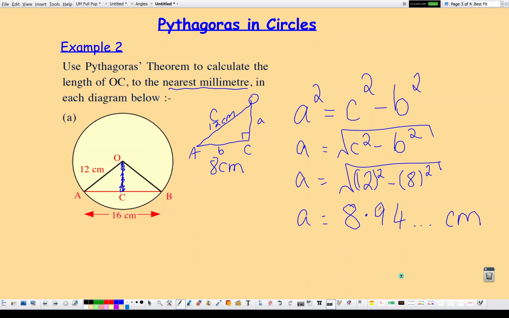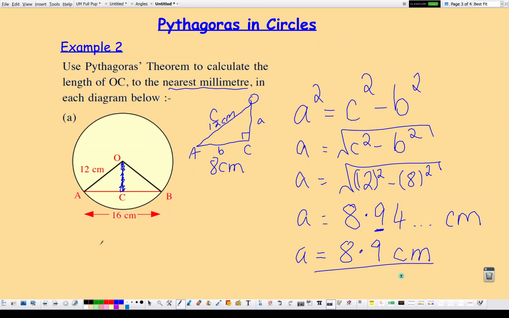Remember there are 10 millimeters to every centimetre, so the nearest millimetre in this case is actually 1 decimal place. That's what the question means. So yes, it is 8.9, but that doesn't turn into 8.9 millimetres. It would be 89 millimetres. So to the nearest millimetre, it's just 8.9 centimetres.